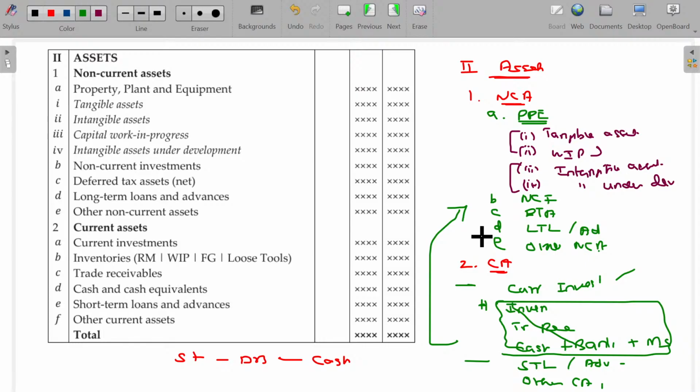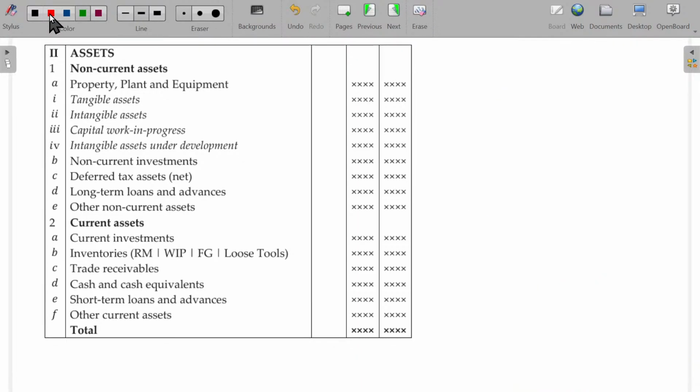The way I'm guiding you is to make you easily remember the structure. That's why I'm putting the words this way. Let's again re-summarize. Block 2, assets block, vertical format. Number 1 non-current assets and number 2 current assets.